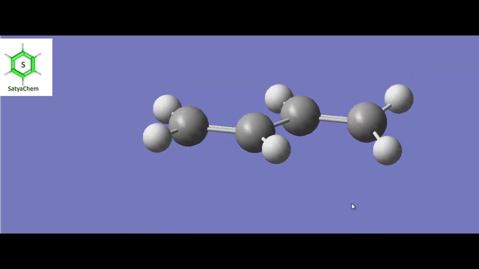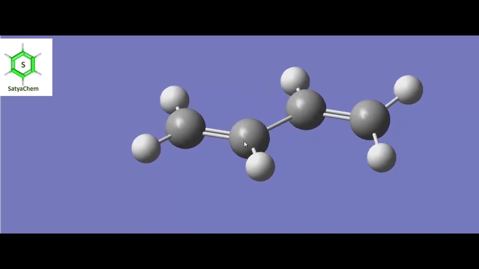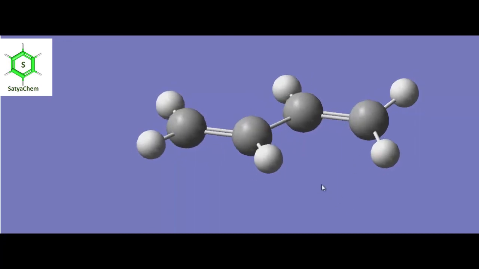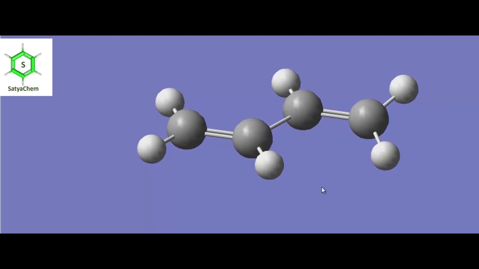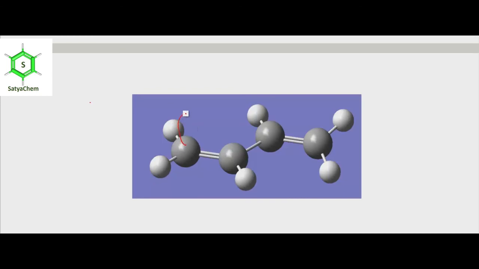See, this is 1,3-butadiene. All four carbons are sp2 hybridized, and I will show you the pi framework of 1,3-butadiene. Let's see. As I am to show you the pi framework, here I am drawing just the 2pz orbitals.